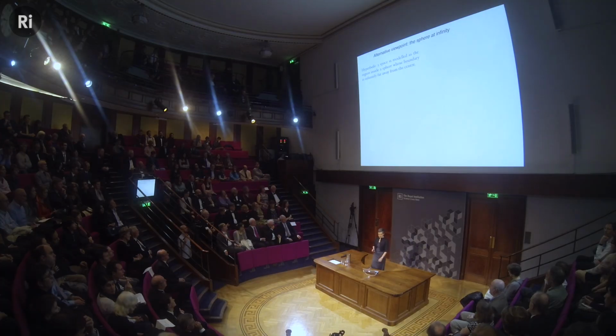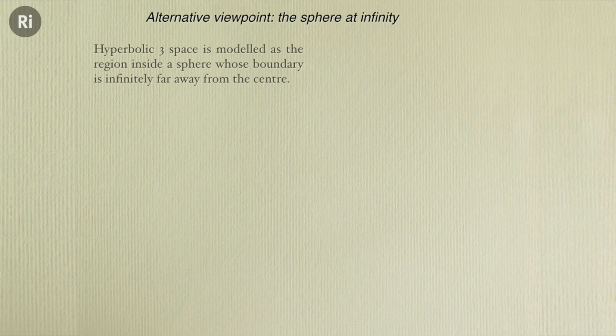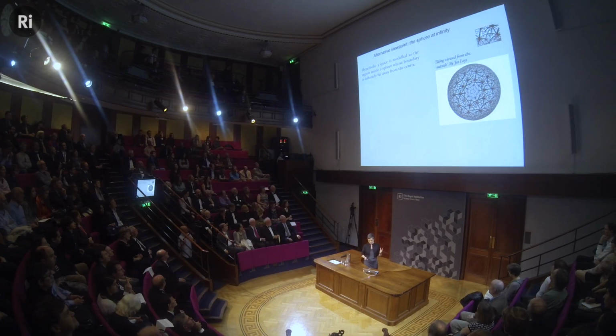And I also said we can model two-dimensional hyperbolic space as the inside of a disk, so not surprisingly you can put 3D hyperbolic space inside a sphere. So far, so good. So here is another picture by Jos Leys.